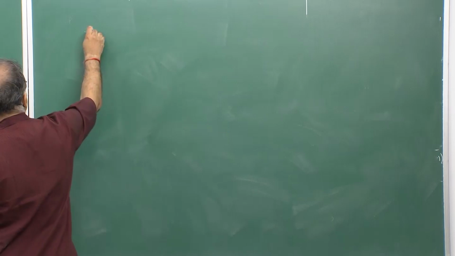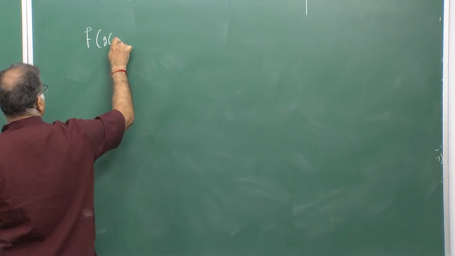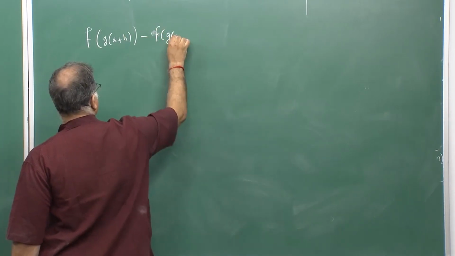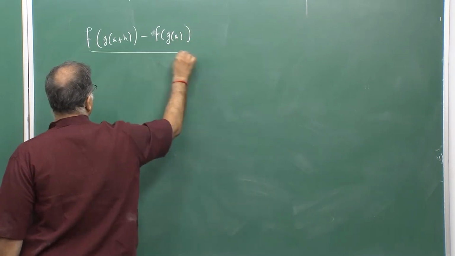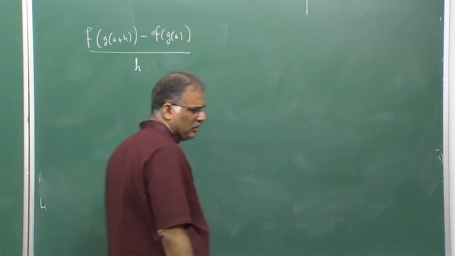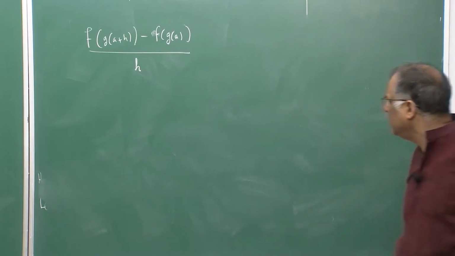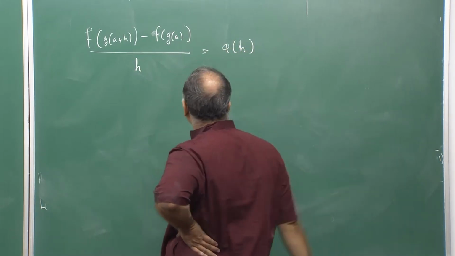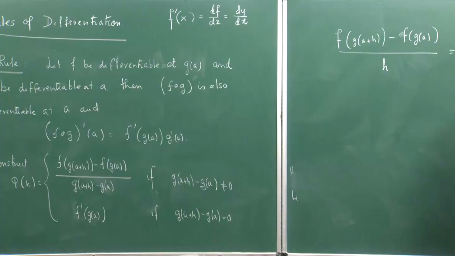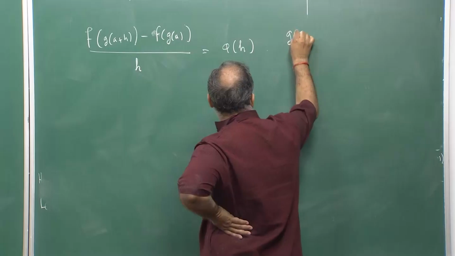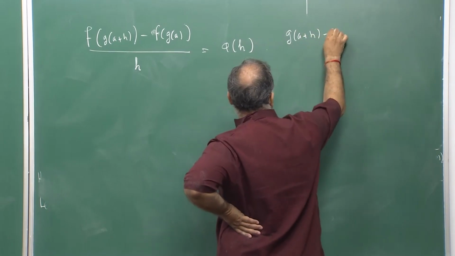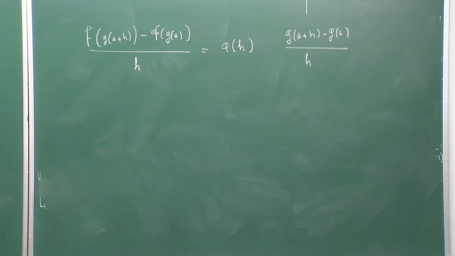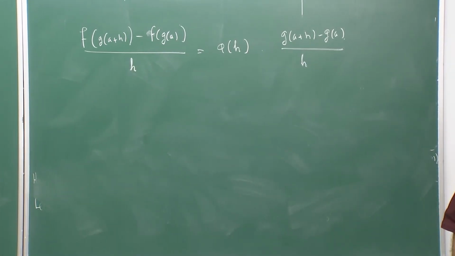Let me write f(g(a+h)) - f(g(a)) by h. This thing can be written as phi(h) into (g(a+h) - g(a)) by h.